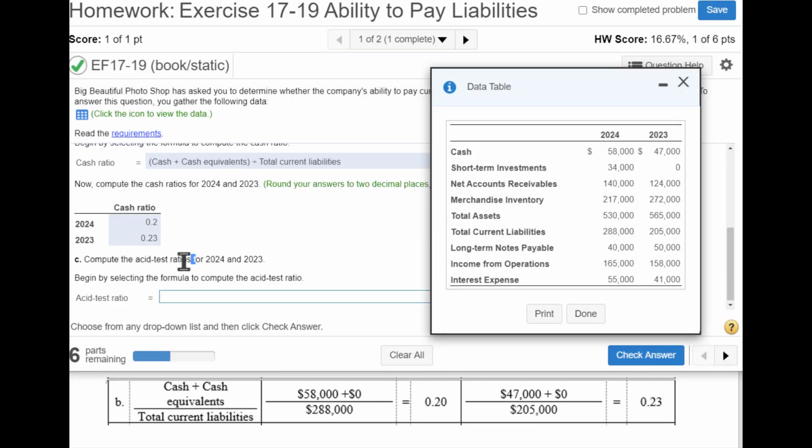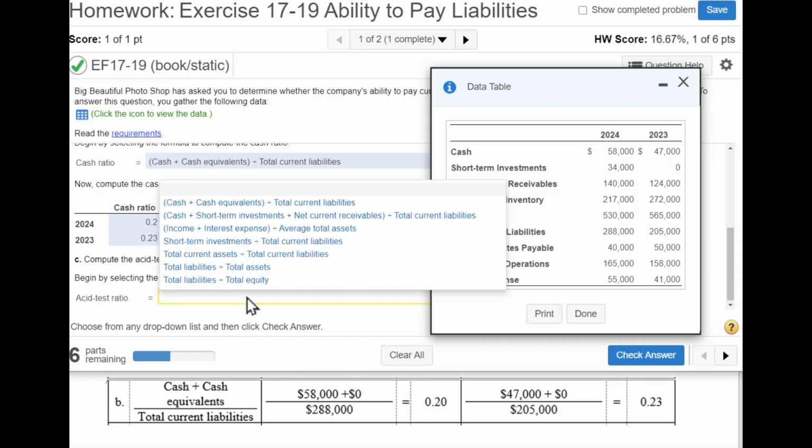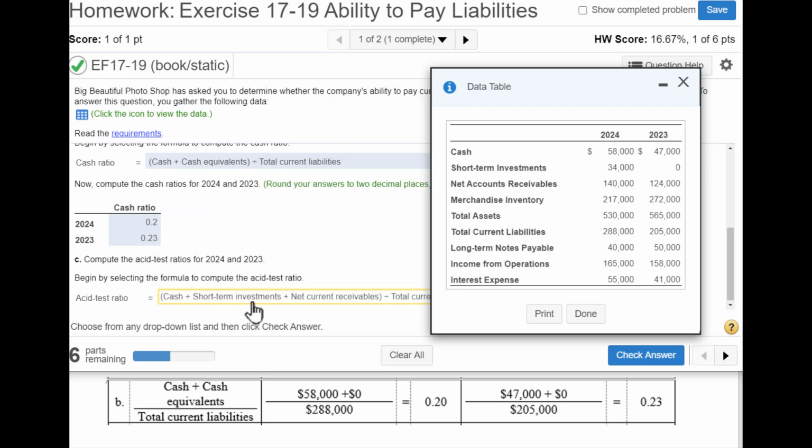Next, we got our acid test ratio. So the acid test ratio, what it does is it's trying to determine how we can pay our current liabilities. But this time, it's going to include short-term investments and net current receivables. So cash plus short-term investments plus net current receivables.